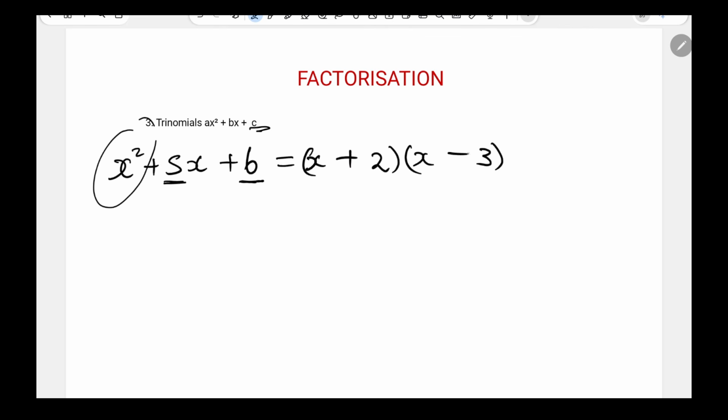Then you put a positive sign. This is your answer. To get factors from trinomials, you must find two numbers that you multiply, they will give you the last number, but when you add them, they will give you the middle number.